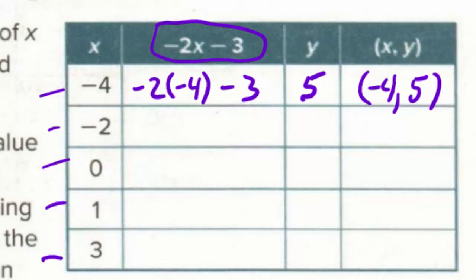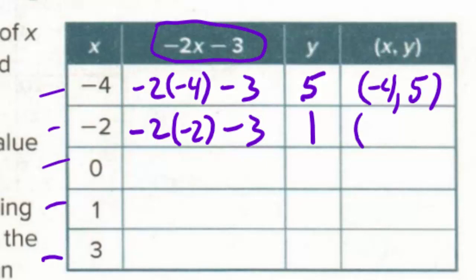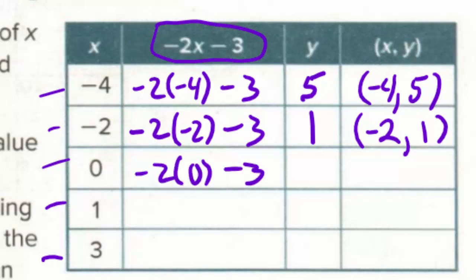For the next one, we're going to put a -2 times the input of -2 minus 3. That will give us a 4 minus 3, which is 1. And we have -2, 1. Then we're going to put a 0 in there. And -2 times 0 is 0, minus 3 is -3. So the point 0, -3, and that should look familiar. That is the y-intercept.